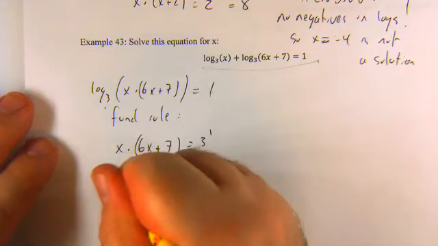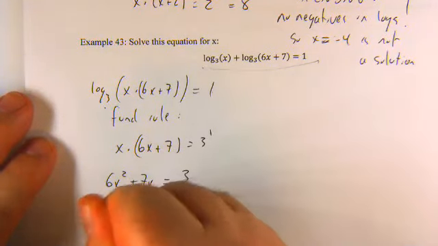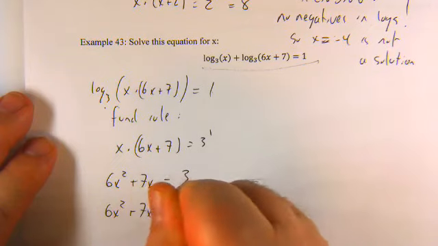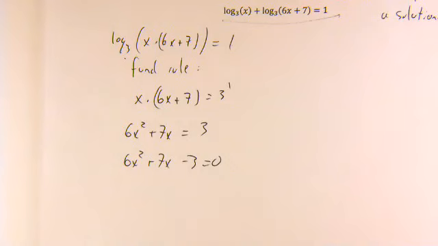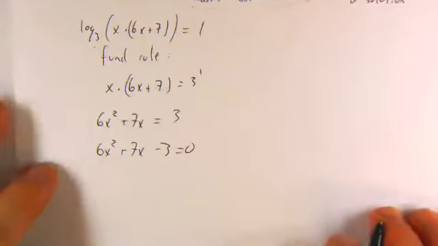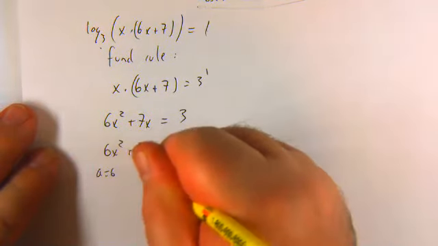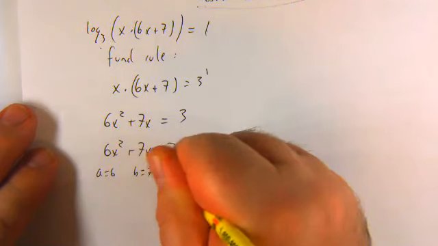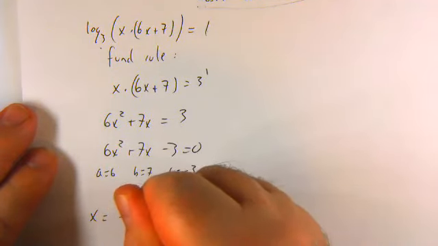So that's not too bad. 6x squared plus 7x equals 3. 6x squared plus 7x minus 3 equals 0. We have a quadratic equation that is not that easy to factor. So rather than trying to figure out if I can factor it or not, I'm just going to use the quadratic formula. A equals 6, B equals 7, C equals minus 3.